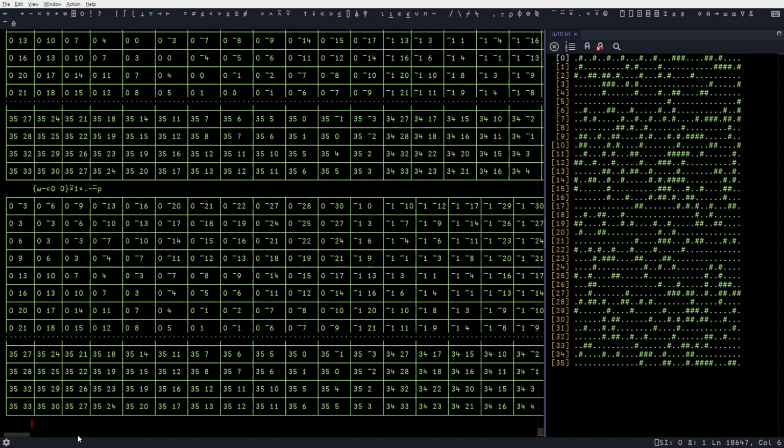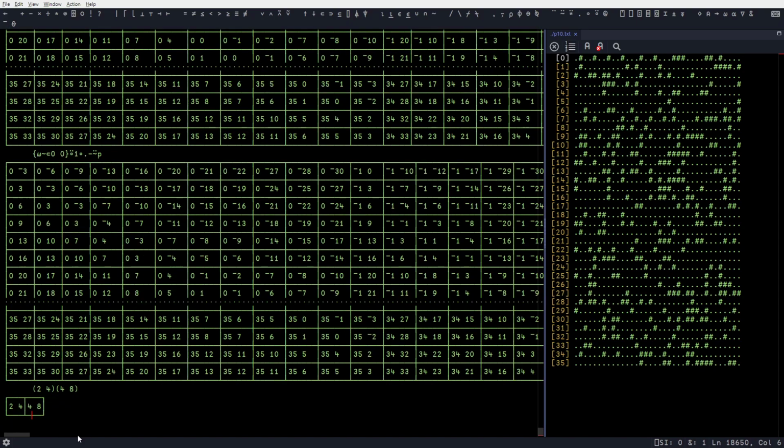Well, you can imagine that we had an asteroid at 2, 4, and an asteroid at 4, 8. These two coordinates, we would only want them to be counted once.